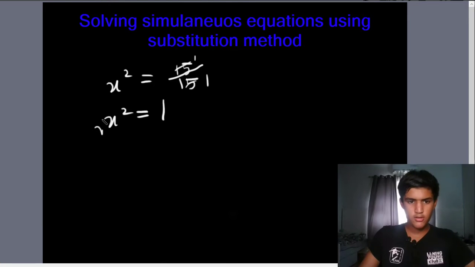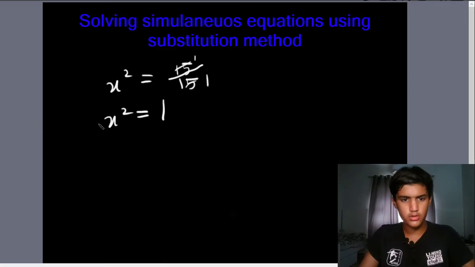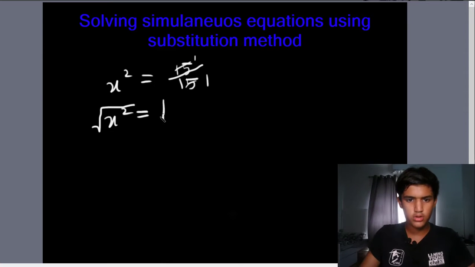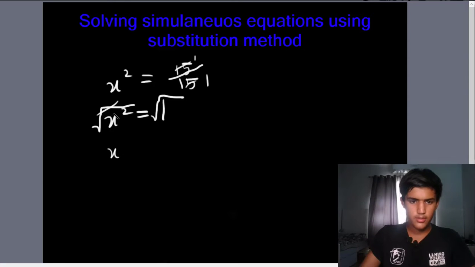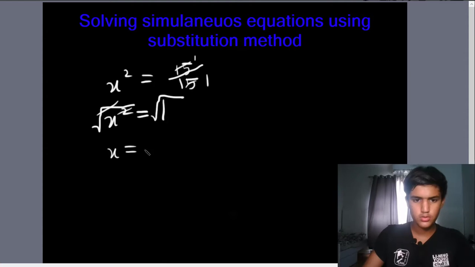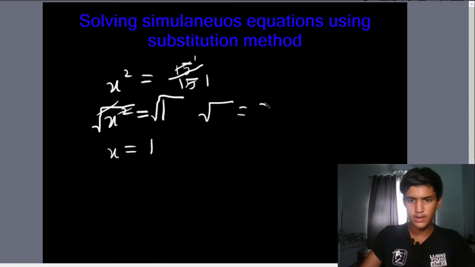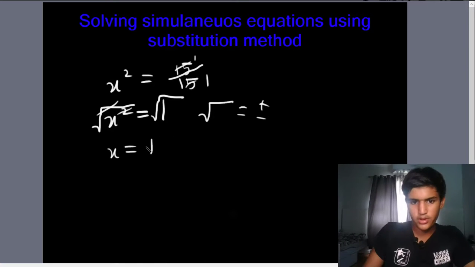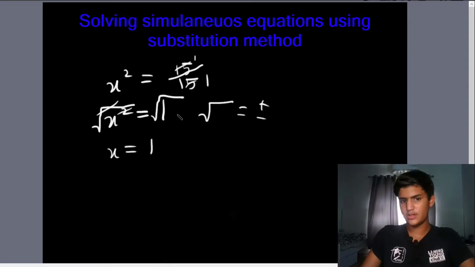Now I am going to put the under root sign on both sides of the equation. So I'm going to cancel x squared with the under root. x is equal to 1 because the under root of 1 is 1. Because we put an under root sign, we have to put a plus and minus sign, because minus 1 whole squared is also 1 and plus 1 whole squared is also 1.